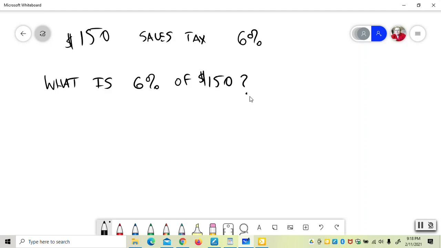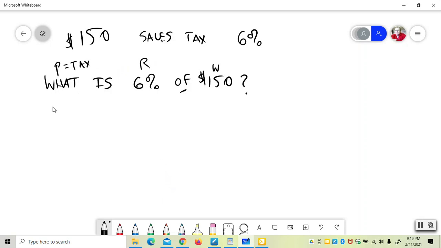The whole, the original price, as almost always is the case, comes after the word of. The part, which is the actual tax, we don't know what it is. This is the rate.